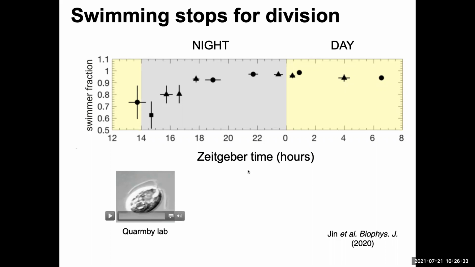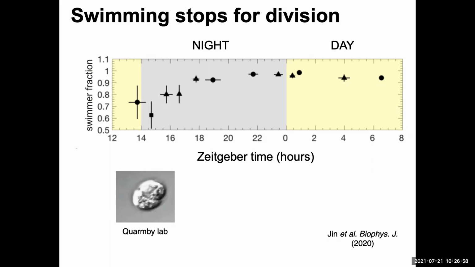This was not a surprise, because it's known that when Chlamydomonas divides, it pulls in its flagella. This is a nice little video from the Chlamy lab in Canada, and you can see that the flagella are resorbed prior to division. This is because the machinery of the flagella is actually required for division.